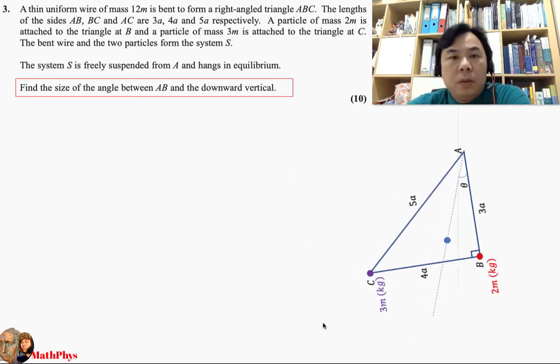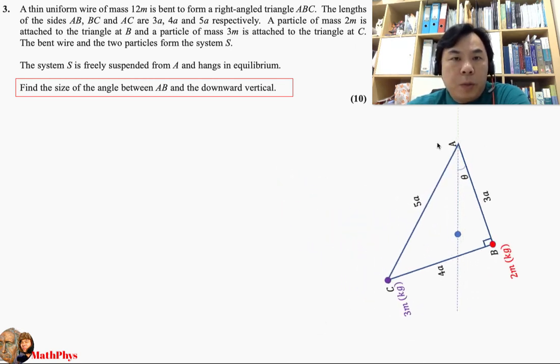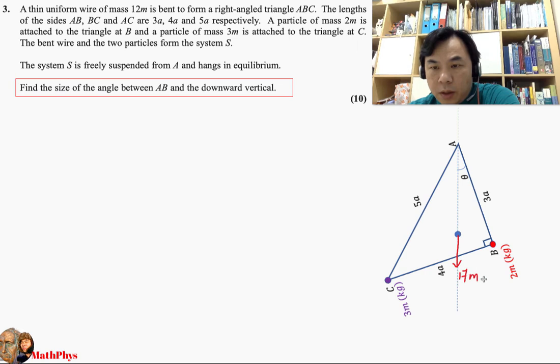So if we were to hang this system S from A, we will see that the line passes through the center of mass, and at the same time passes through point A. This is where all the weight is assumed to be acting. So that will be 17 m here.